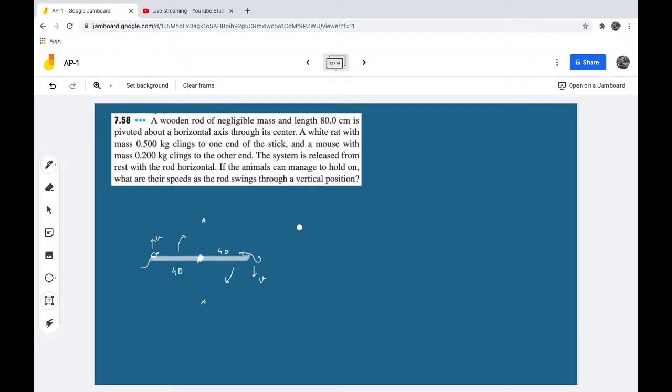So you can apply the change in potential energy, delta U, of the system plus the change in kinetic energy, delta K, of the system has to be equal to 0. Let's quickly solve this. As this goes up, it will gain potential energy. By how much?